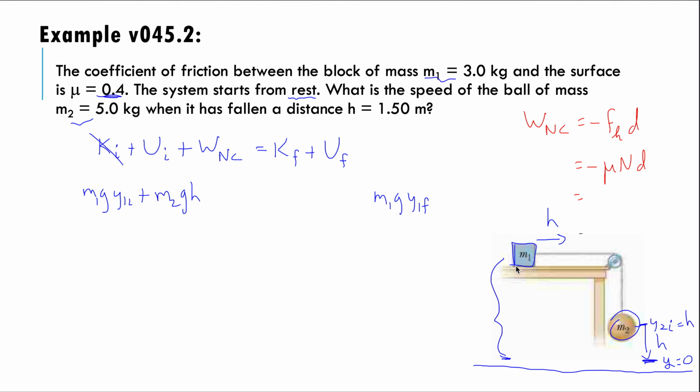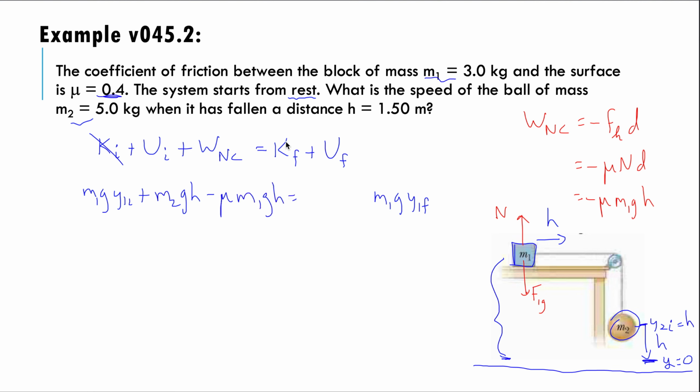For mass 1, it's moving horizontally on the surface, so the normal force is just balanced vertically by the weight. So we can make that substitution, minus mu m1 g for the gravitational force balancing the normal force, and the distance it's going to move is just that distance h. So that is the work done by the non-conservative force: minus mu m1 g h.